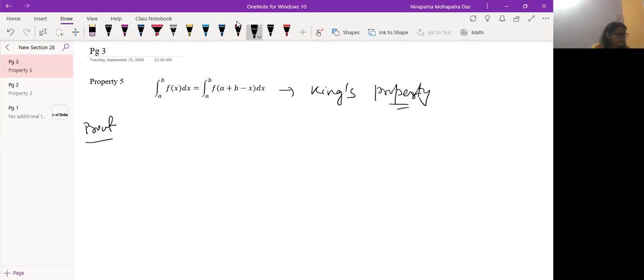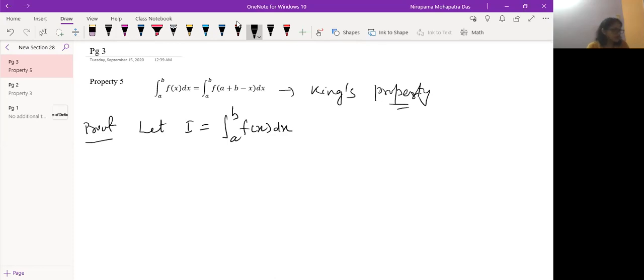Proof of this: let I equal the integral from a to b of f(x) dx.